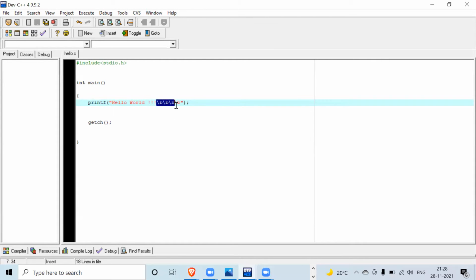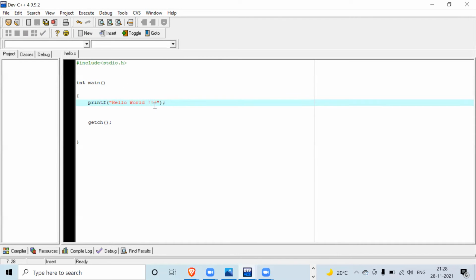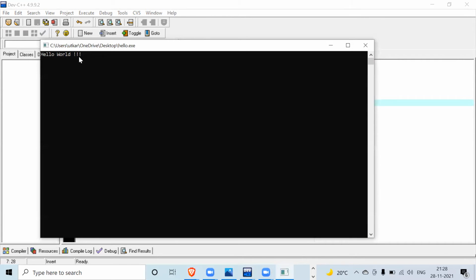If we just remove this \b, you will see the cursor will be just after this exclamation mark. See, the cursor is here, right? Everyone can see that. Everyone understood what is the difference in both of these situations?